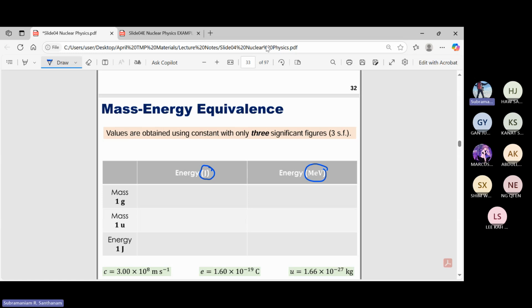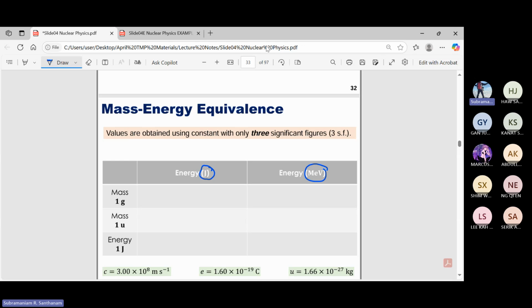These are other adopted units for energy besides joules. Joules is the common one, usually used for large values, but for small values we use eV or MeV.